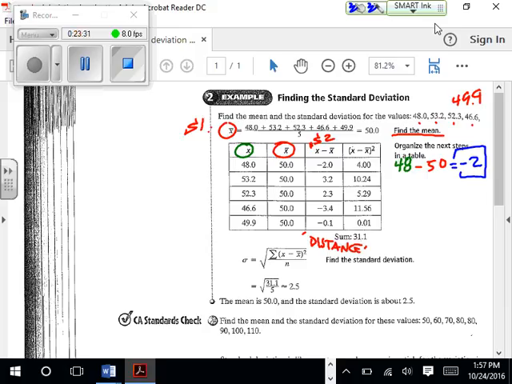Let's see if it just jumps it up to 10.24, or do you have to do negative 3.2 times negative 3.2? No, you just do 3.2 squared, and it's 10.24. Did you hit the x to the second power button? Okay. So you can do that when it's time to square the number instead of having to go 3.2 times 3.2. All right. That's step 3.